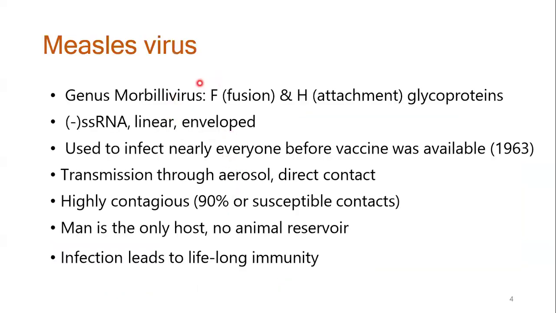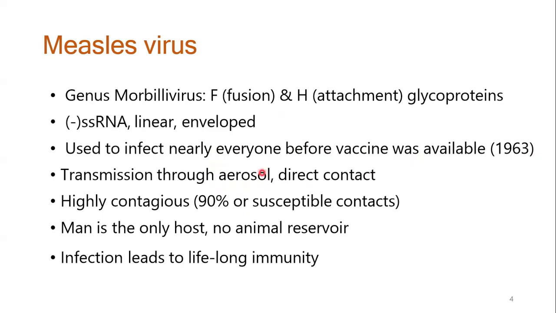So measles virus. Genus Morbillivirus, as we had seen, it has the fusion and the attachment glycoprotein, the H glycoprotein. Negative single-stranded RNA, linear and enveloped. It used to infect nearly everyone before the vaccine was available in 1963. Transmission is through aerosol or direct contact.